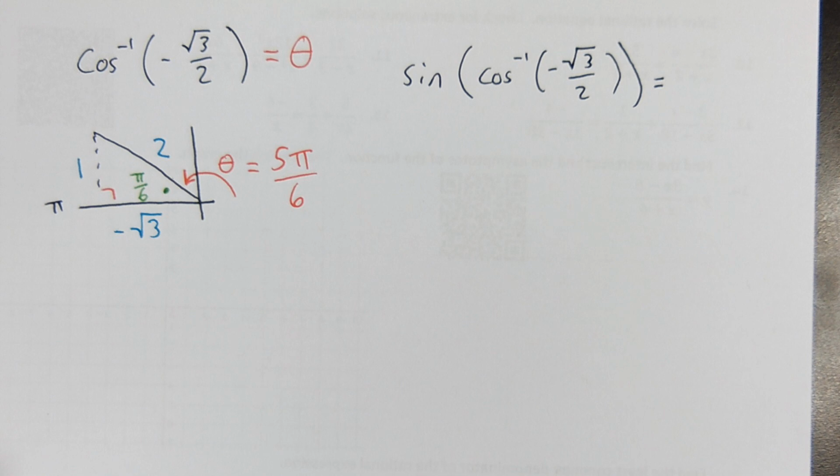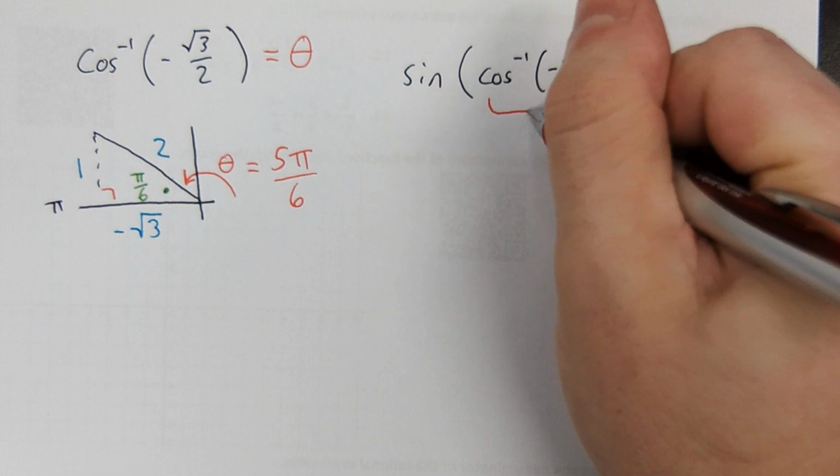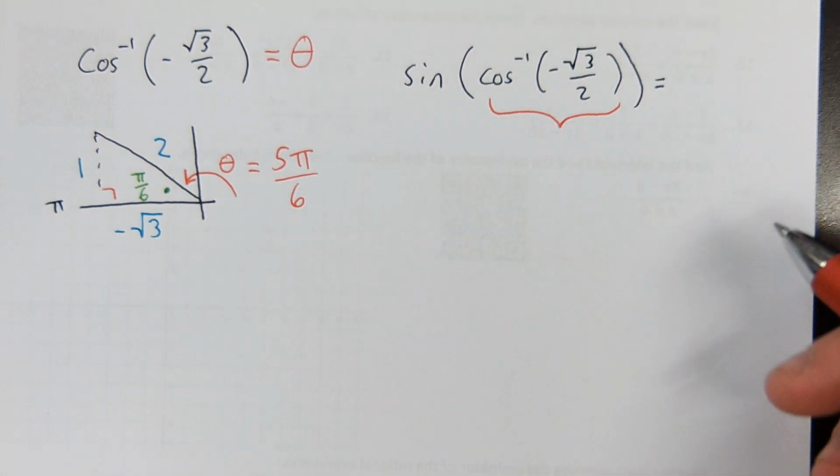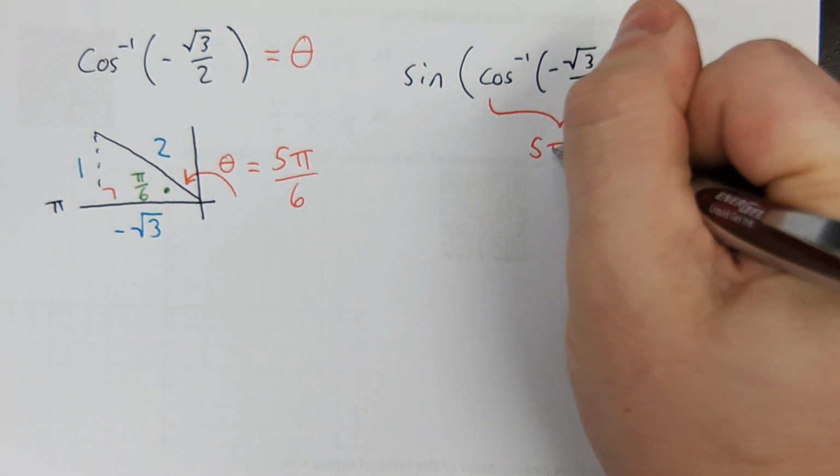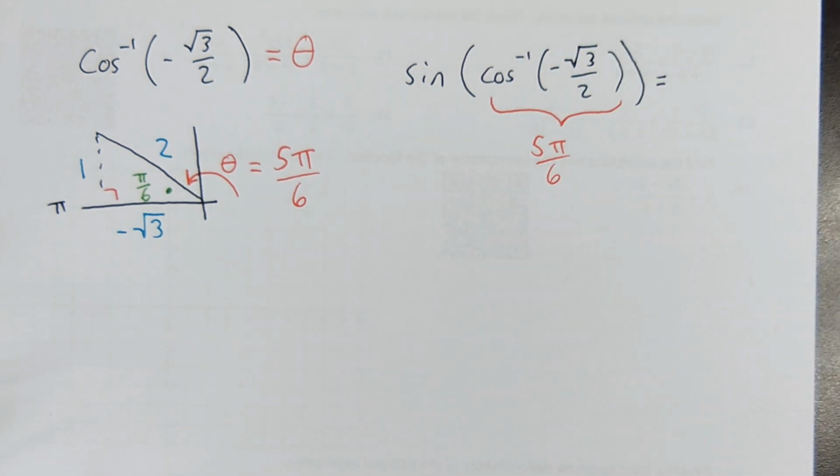Remember, cosine inverse of negative root 3 over 2 is theta. So this question actually says sine of your theta, which is 5 pi over 6. The question actually says, what is sine of 5 pi over 6? It's 1/2. Y over R.